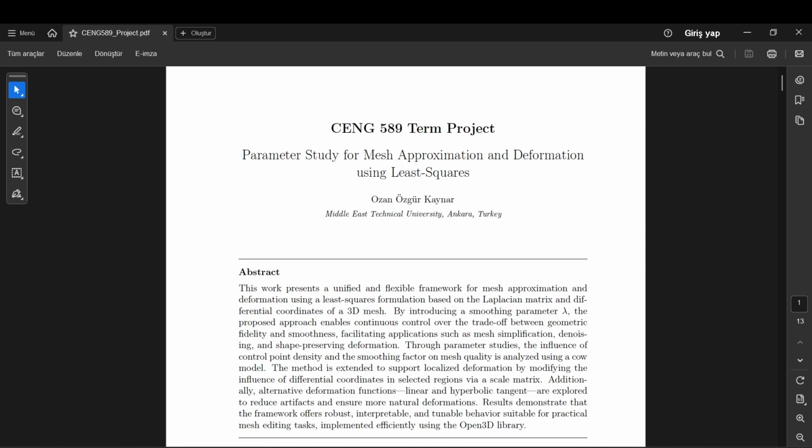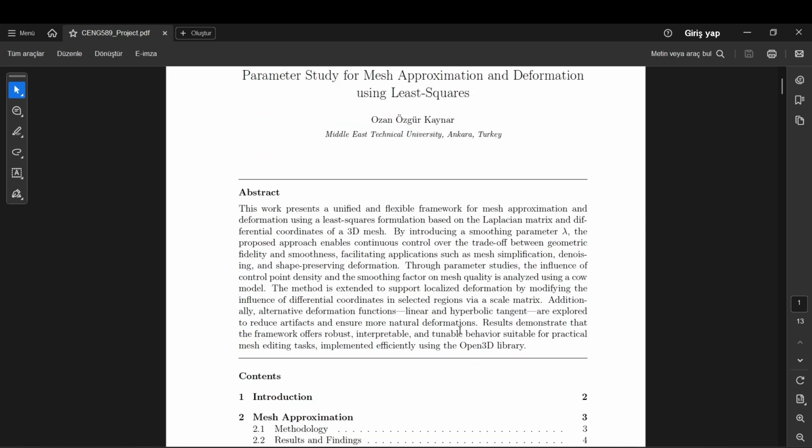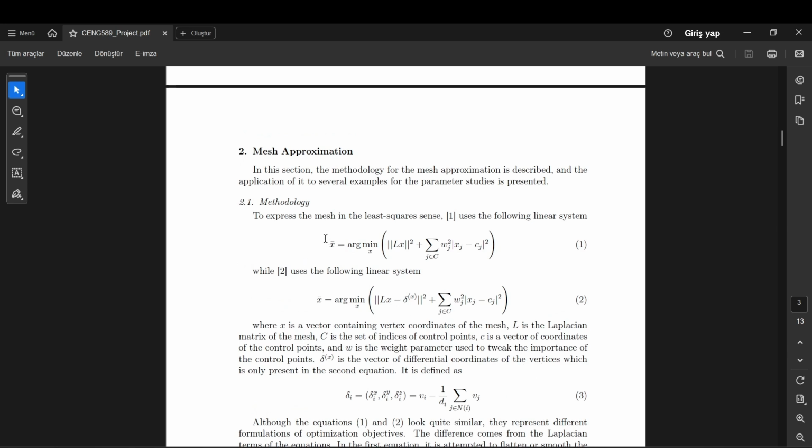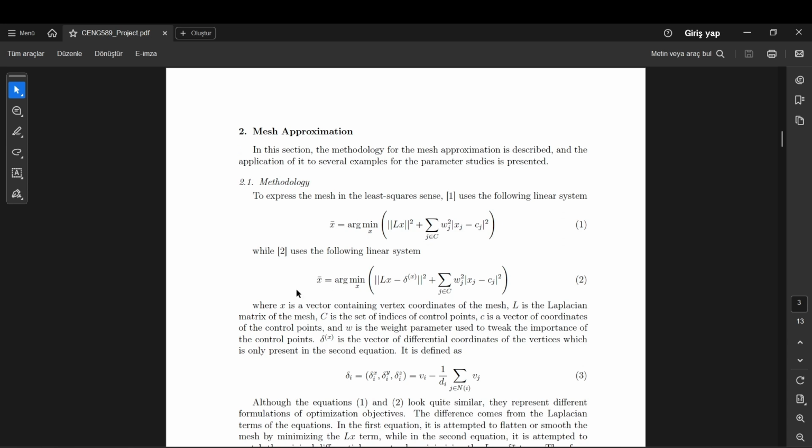So let's begin with mesh approximation. We can express the mesh in the least squares sense by this equation. Also, we can use this equation. The difference between these equations is the presence of the differential coordinates in this second equation.